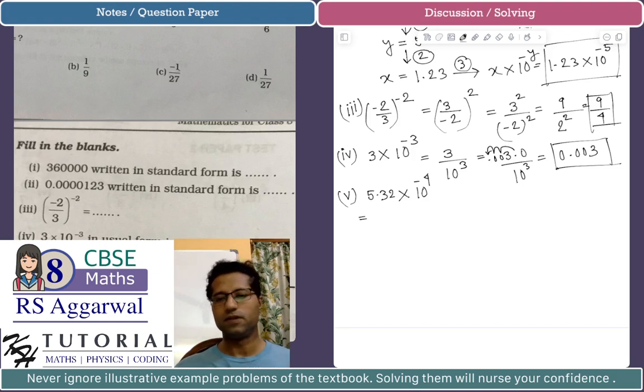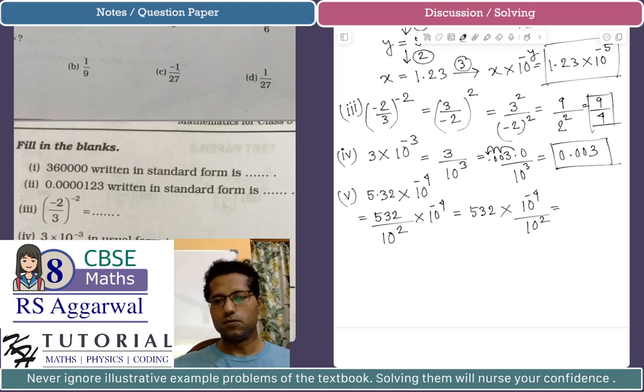When you convert 5.32 into a fraction, it will be the number as a whole number ignoring the decimal point, that is 532, divided by 10 to the power of the decimal places in 5.32. The decimal places is 2, so 10 square, and we have 10 to the power minus 4. Now if you combine the exponents of 10 together, we get 10 to the power minus 4 divided by 10 square.